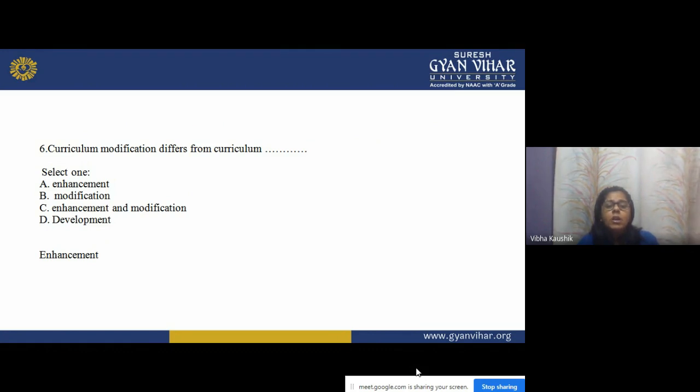Option C, curriculum modification differs from curriculum enhancement and modification, or D, curriculum development. So these are the options, and you have to select the correct one. The correct option is A, that is enhancement, that curriculum modification differs from curriculum enhancement, means the terms curriculum modification and curriculum enhancement are two different things.